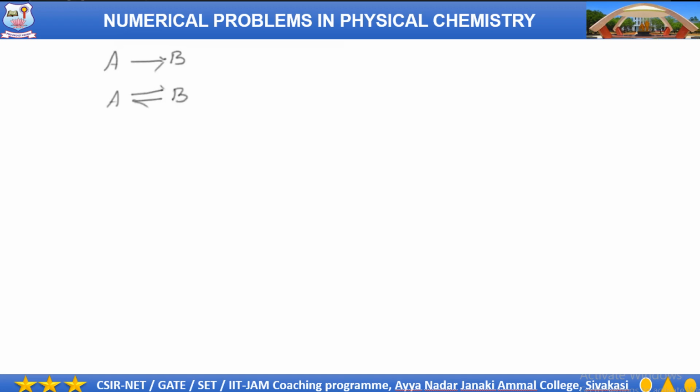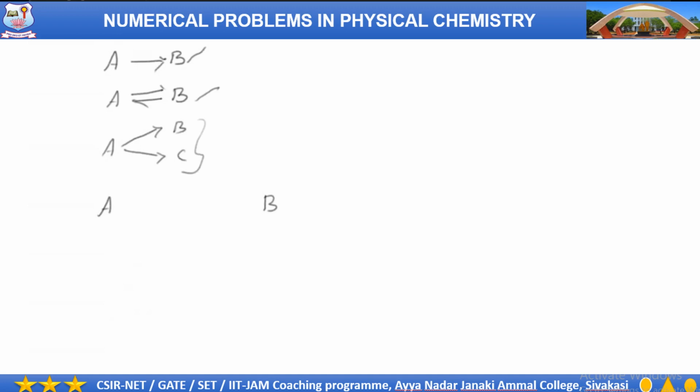This is an equilibrium reaction. A giving B and C is called the competitive reaction or the parallel reaction. Now we are going to see A giving the product B, but not in one step as in this, but in a different manner.